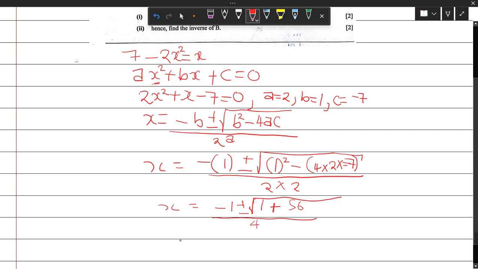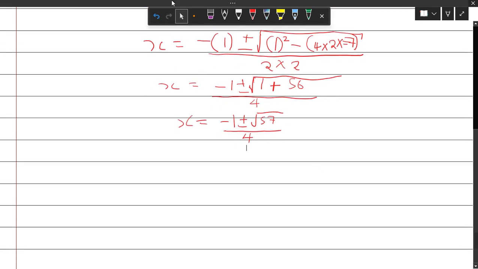So you have x equal to -1 plus or minus square root of 56 plus 1, which is 57, over 4.